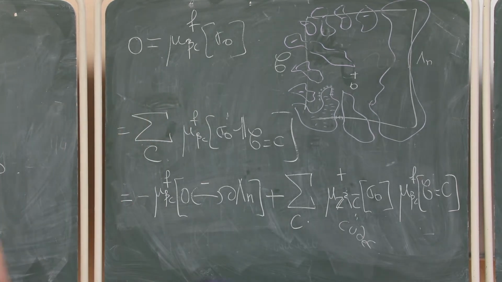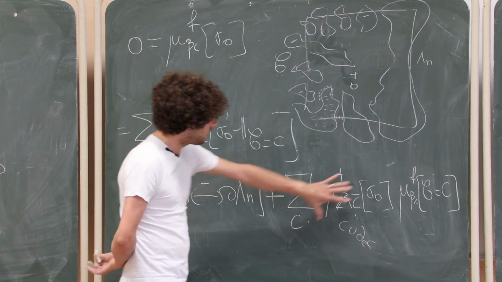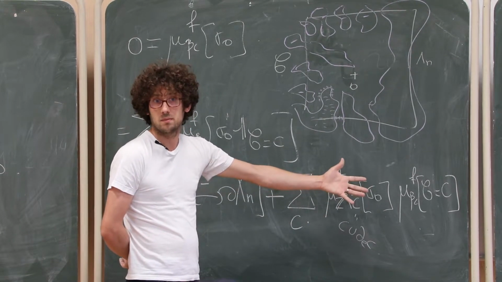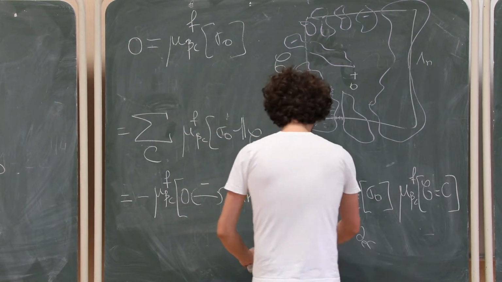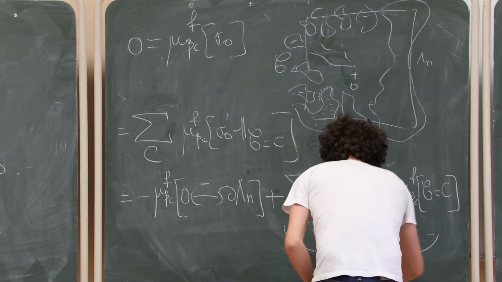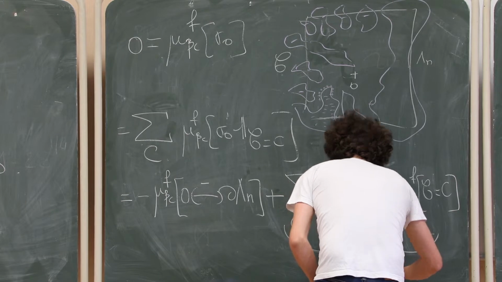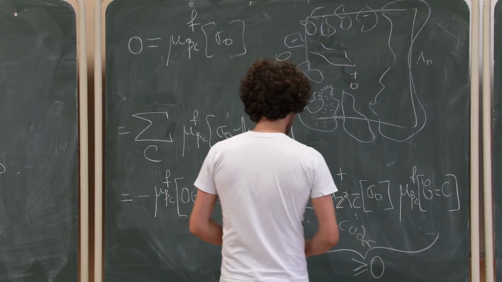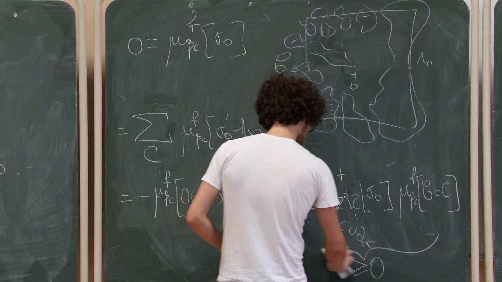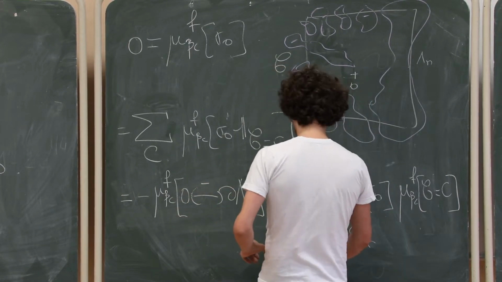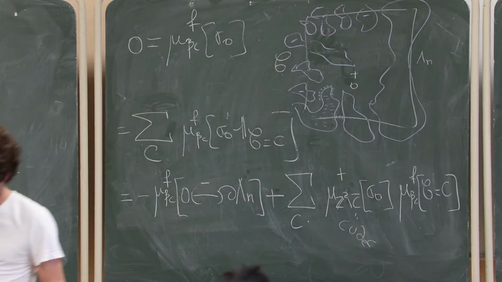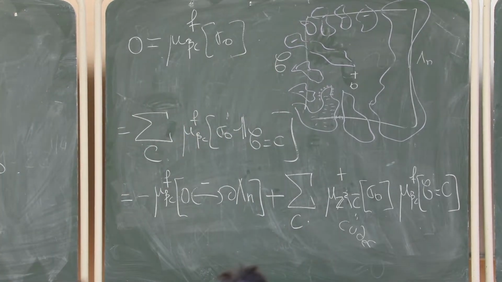This is just the domain Markov property. But this thing is positive. So this whole thing here is larger or equal to 0. So what am I doing? I'm not sure what I'm proving now.